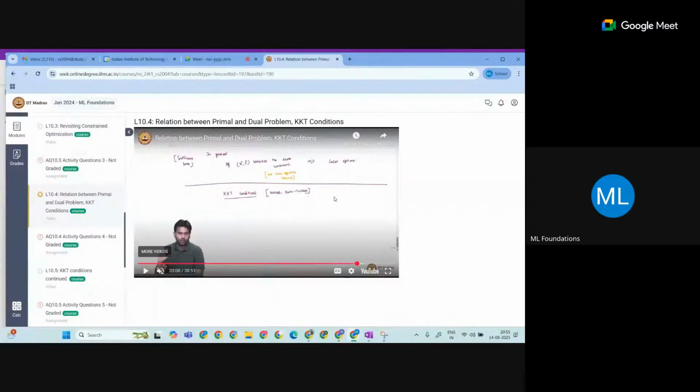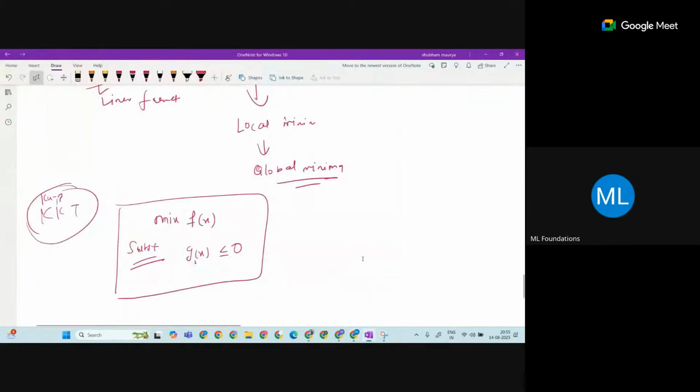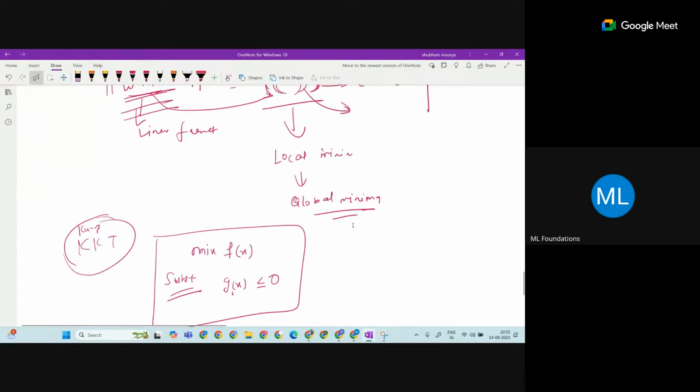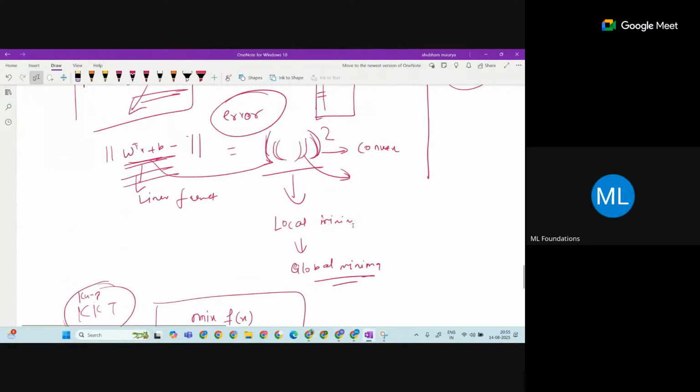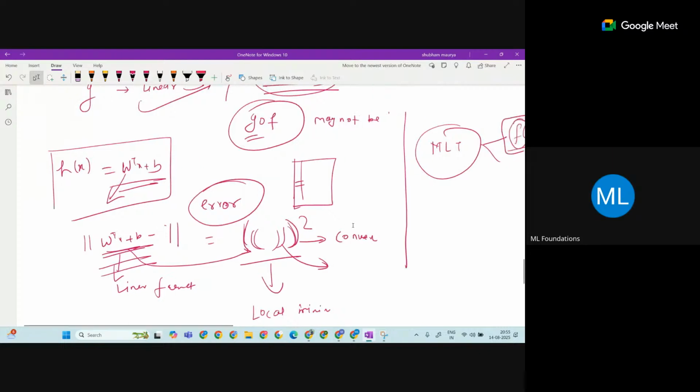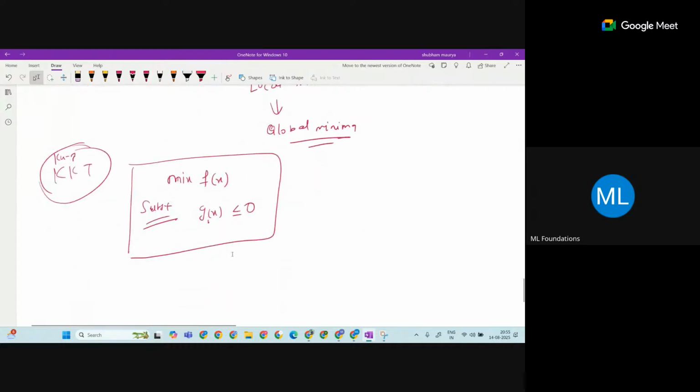Okay. So see, this KKT is an extension of the Lagrangian, and this is what we are very specifically studying here. The optimization is for the KKT only. We are studying minimization with such constraint optimization.